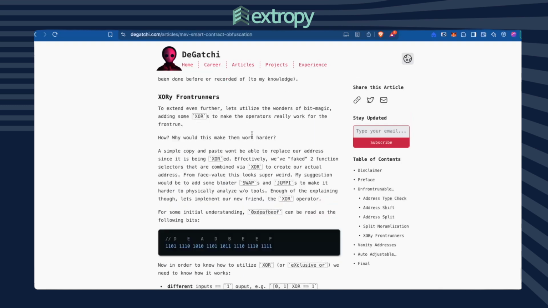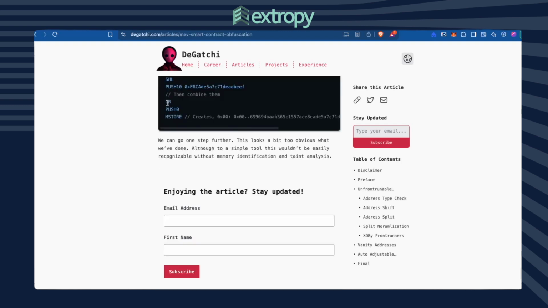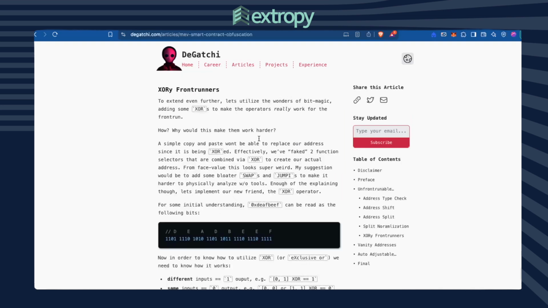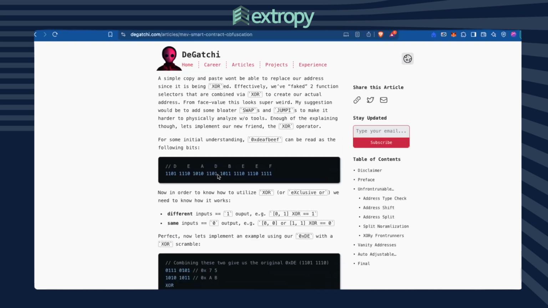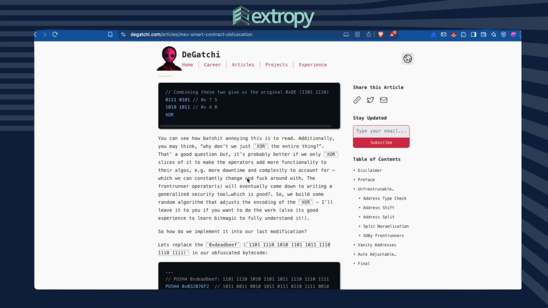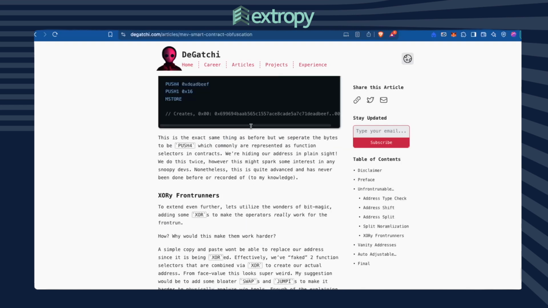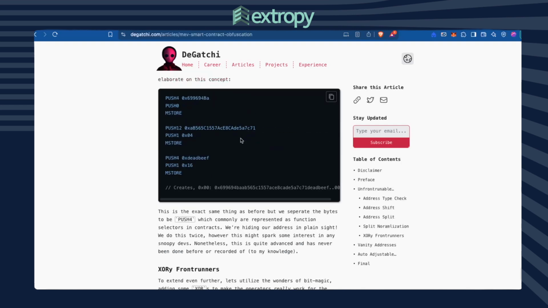Also, what you can do is take further this idea of the ORing that we had here, and work out how to split up your address by ORing it as well. I mean, we did that initially, but what we did was we had the original address, and then we put some zeros in and did an OR, and that put them together.